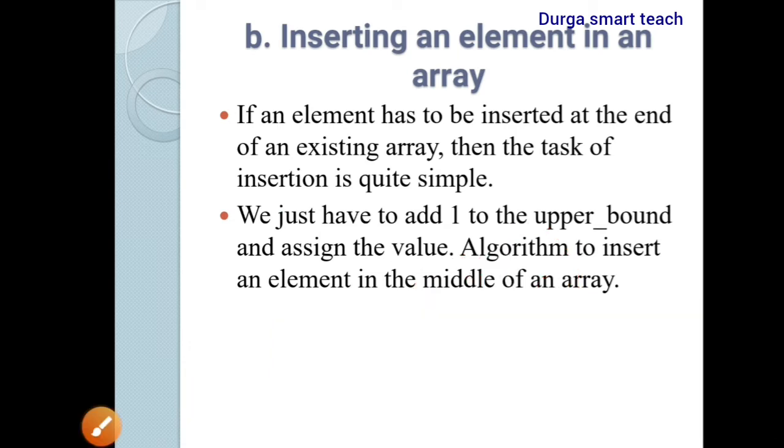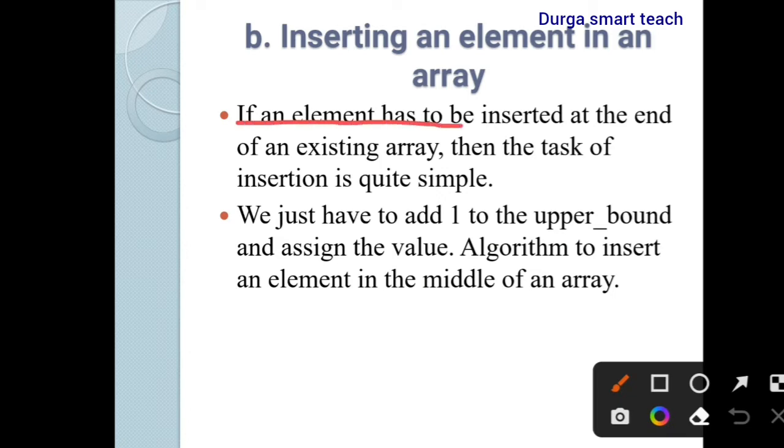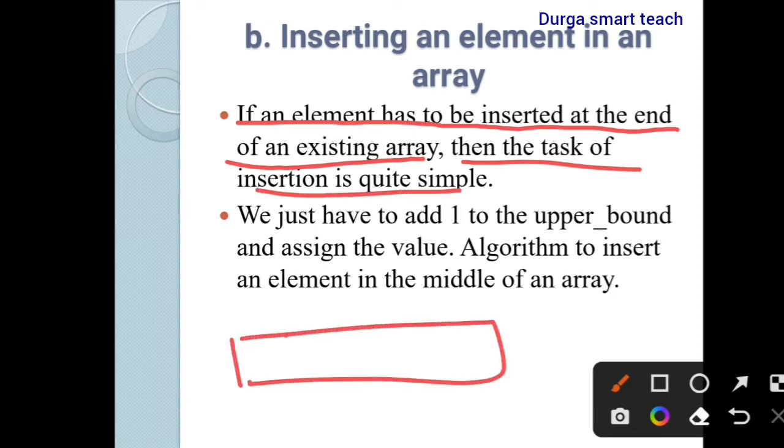If the element has to be inserted at the end of the existing array, then the task of insertion is quite simple. Suppose this array contains 1, 2, 3, 4, 5.